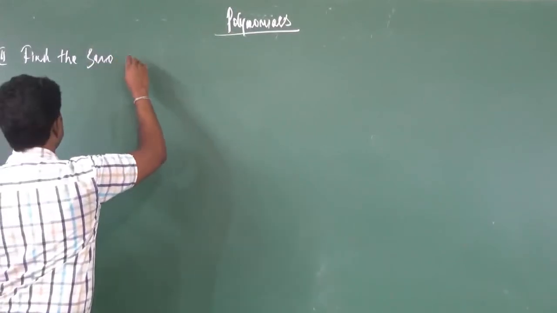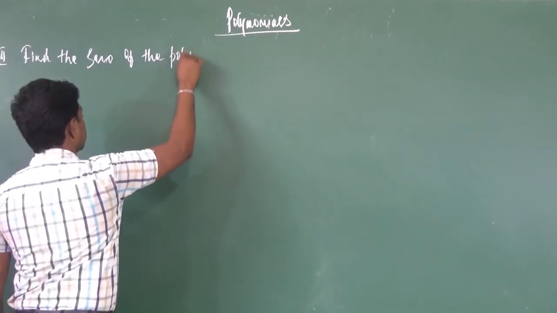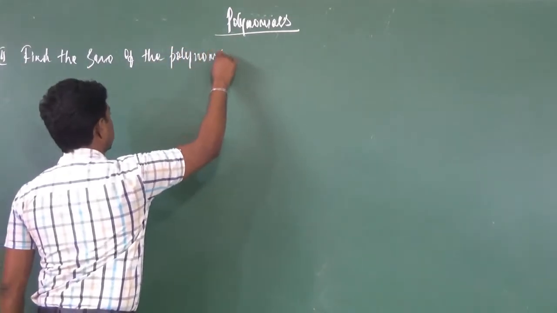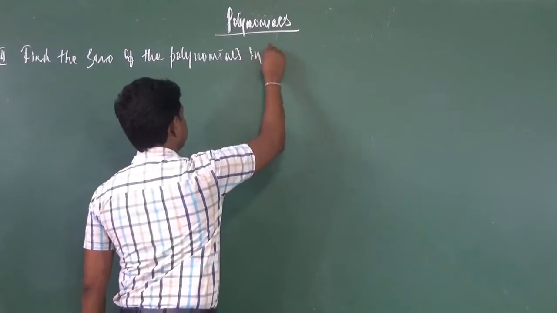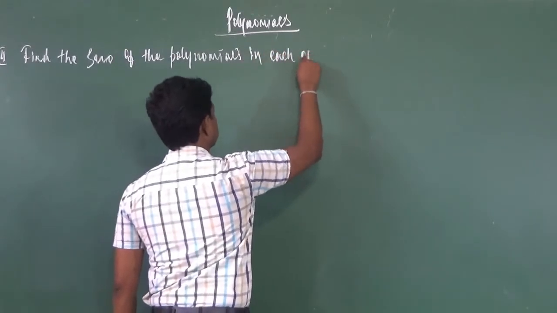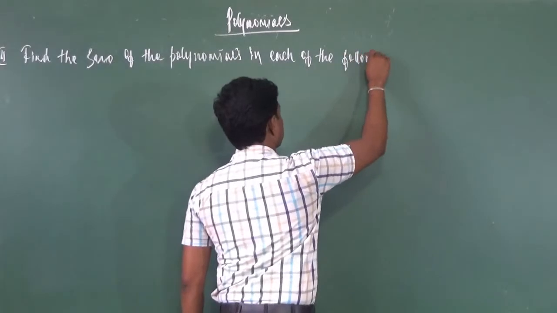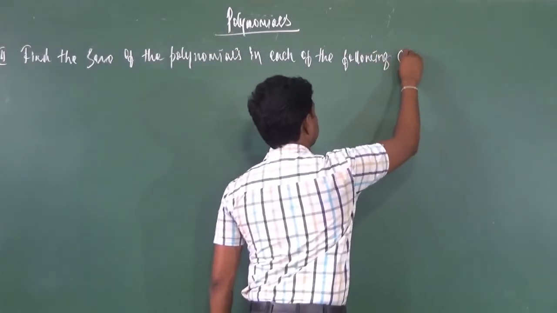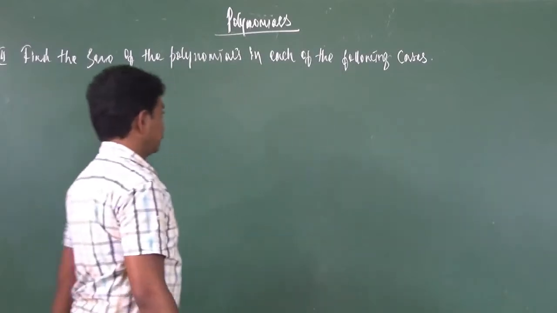Find the 0 of the polynomials. Find the 0 of the polynomials in each of the following cases.